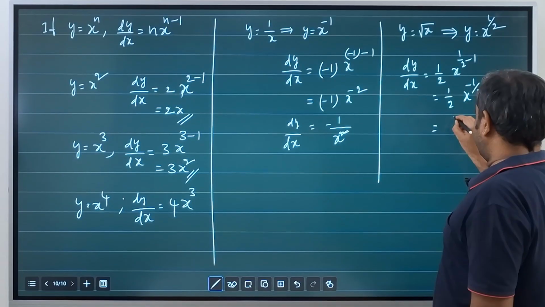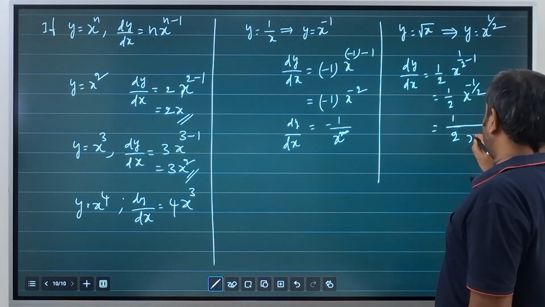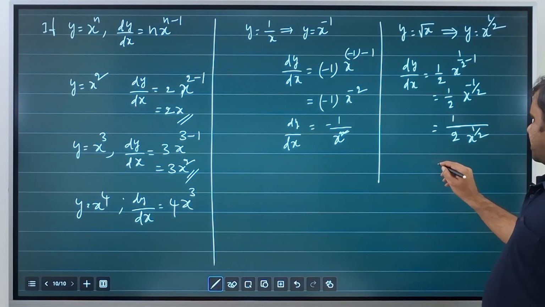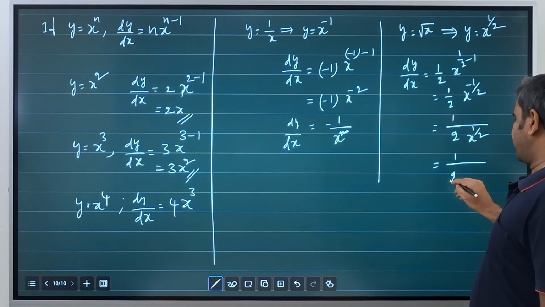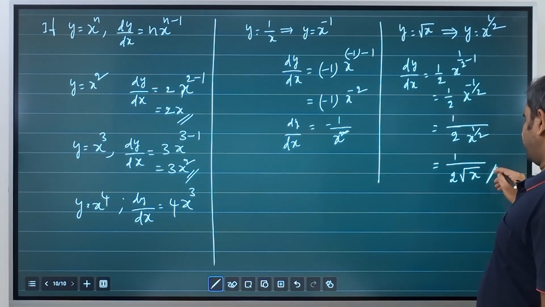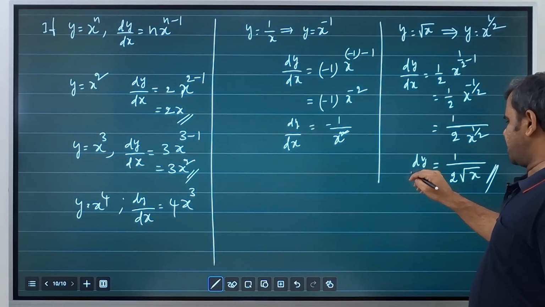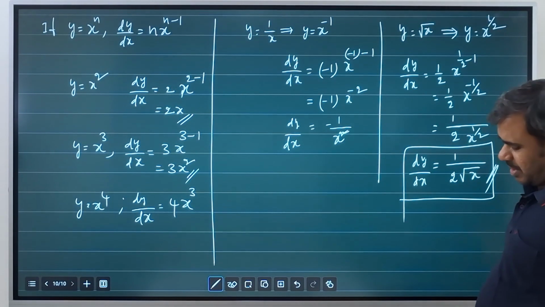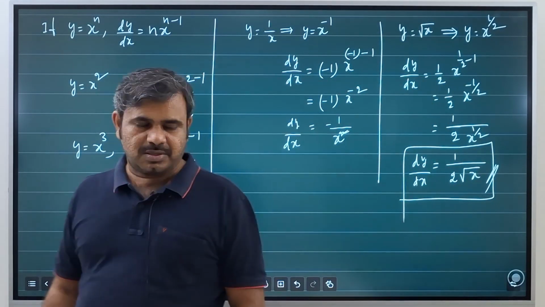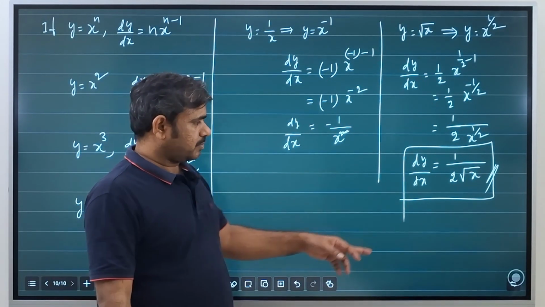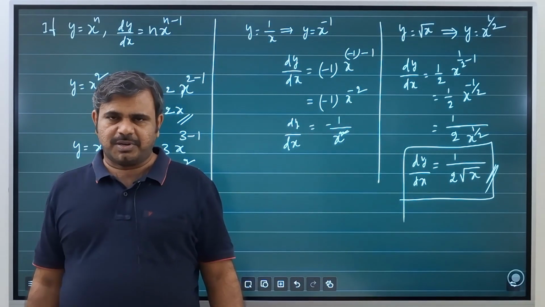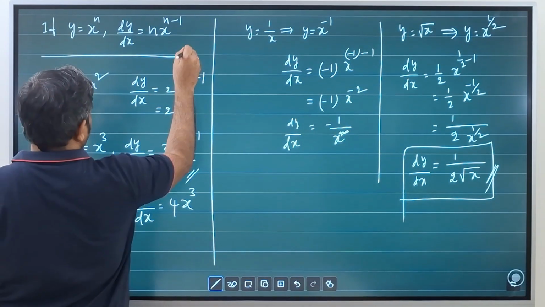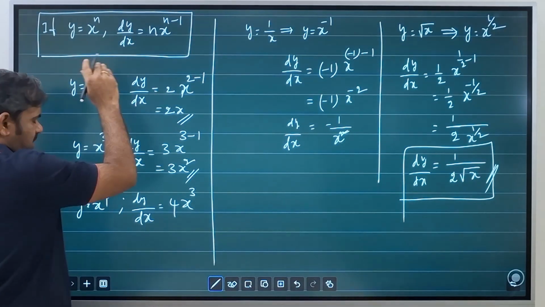Okay, which can be written as 1 by 2 into x power half in the denominator. X power minus half is x power half in the denominator, which can be written as square root of x in the denominator. So dy by dx for y is equal to root x is 1 by 2 root x. Okay, like this we can apply this formula for all functions in this form.